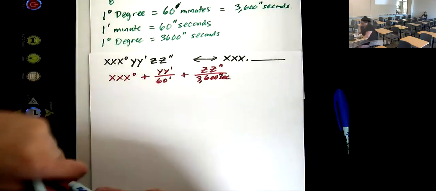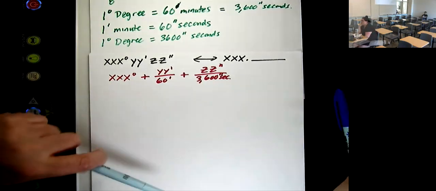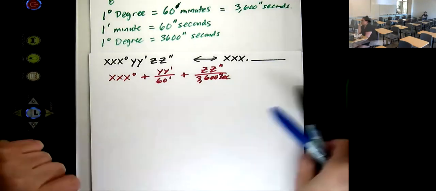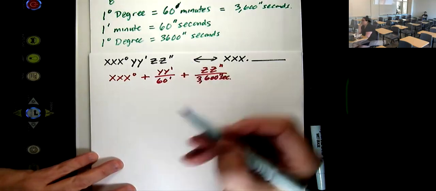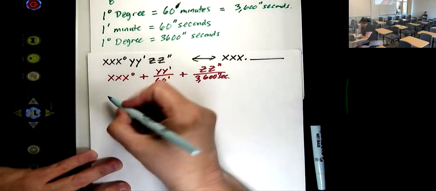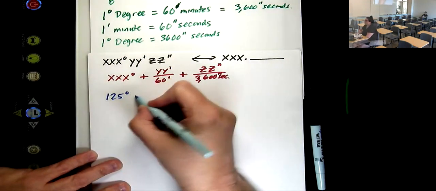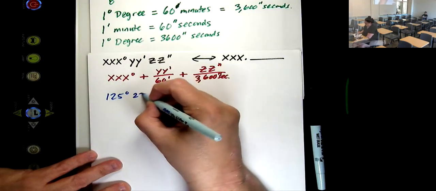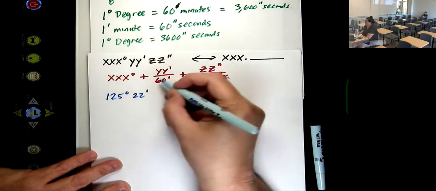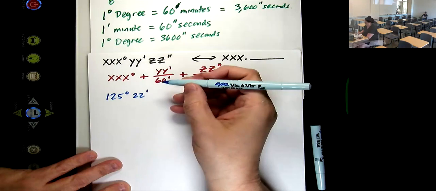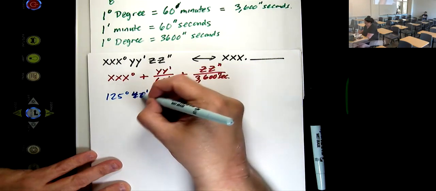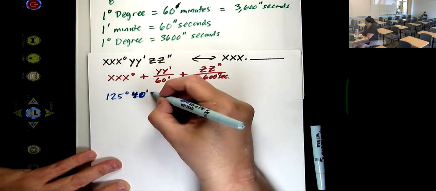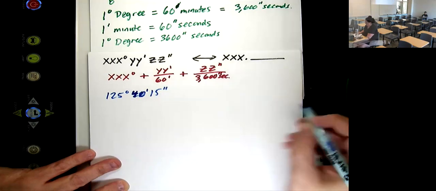Let me give you an example so it's a little bit more meaningful, because I'm sure that's just a bunch of nonsense, right? Let's say we had 125 degrees, 40 minutes, and 15 seconds.